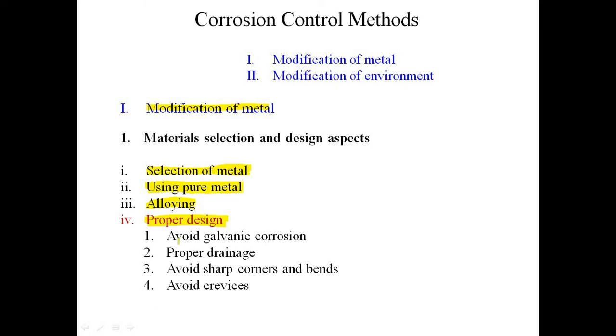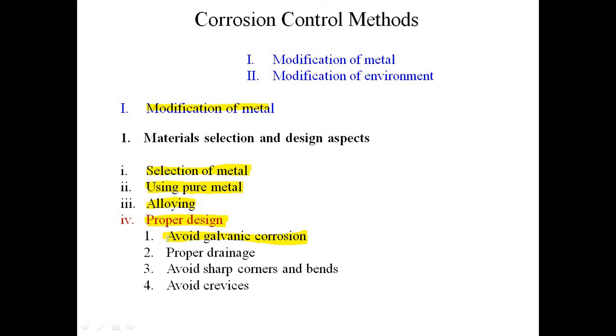The first one under this topic of proper design is to avoid galvanic corrosion. In the previous videos, we discussed what is meant by galvanic corrosion and what the different types of galvanic corrosion are, especially when two dissimilar metals get into contact with each other.